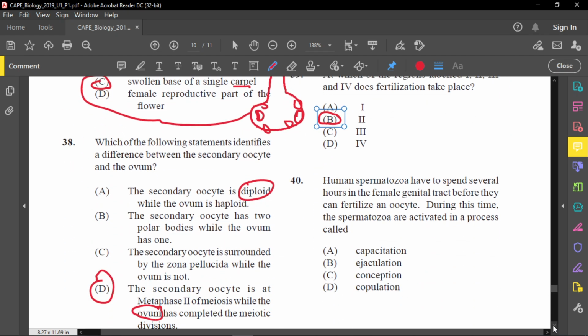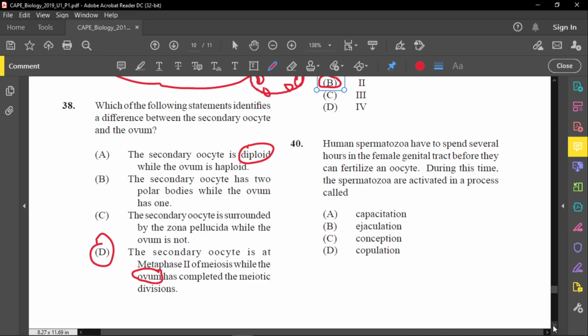In question number 40, it said human spermatozoa have to spend several hours in the female genital tract before they can fertilize an oocyte. Oh yes. During this time, the spermatozoa are activated in a process called what? While they're in there, remember that going along the female passage, because of the harshness of the passage, some of the sperms will eventually die.